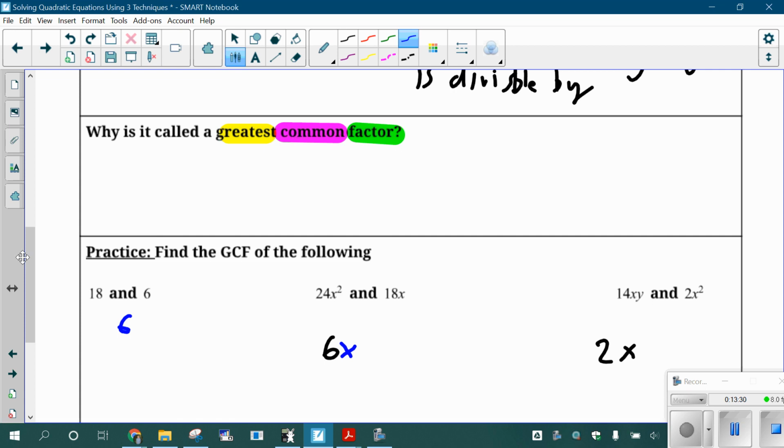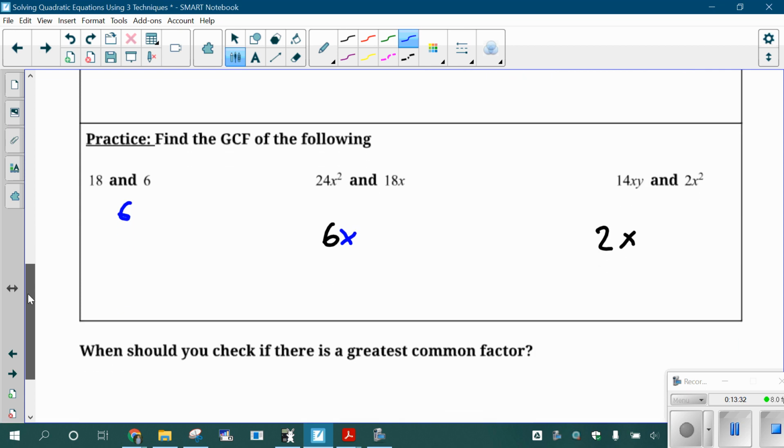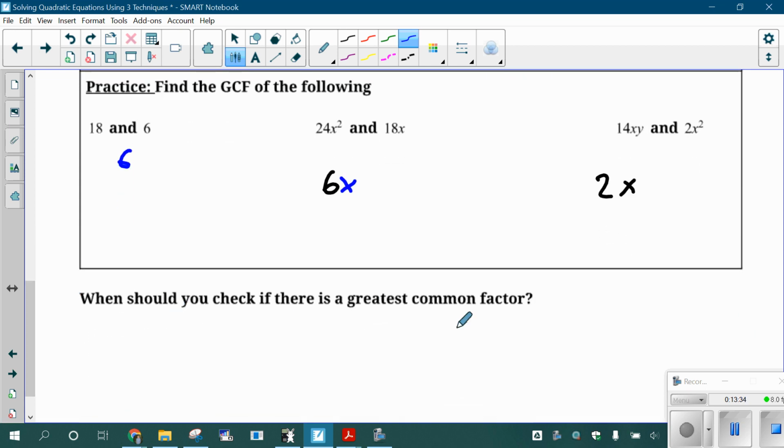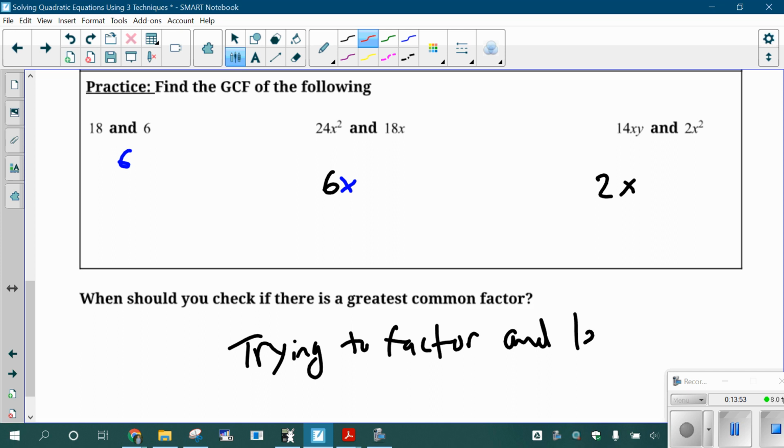I hope this is really coming back to you. When should you check if there's a greatest common factor? When you're trying to factor and the leading coefficient is not 1.